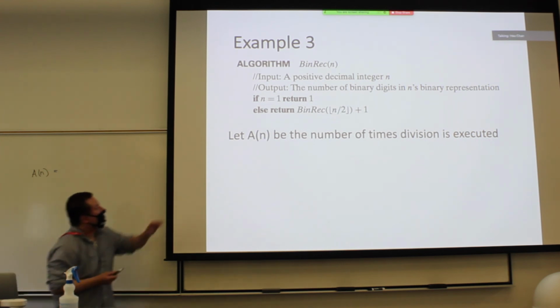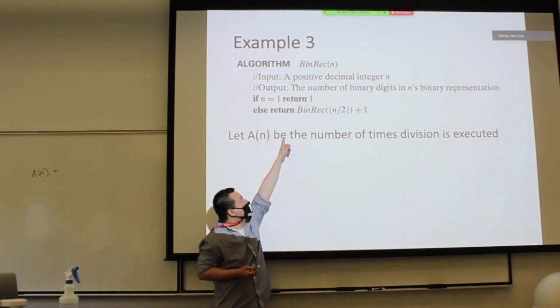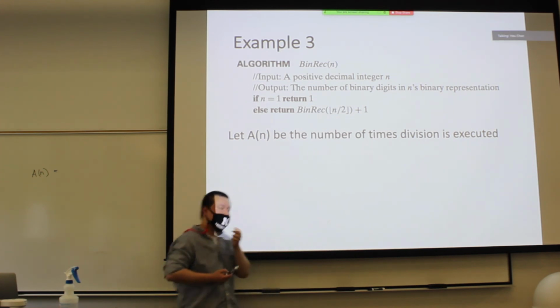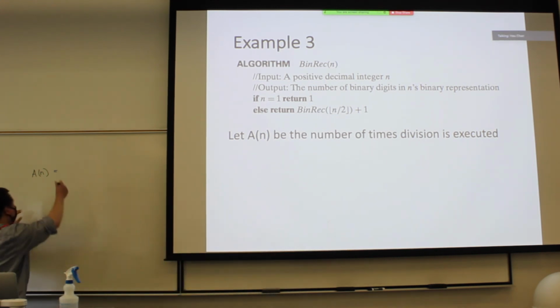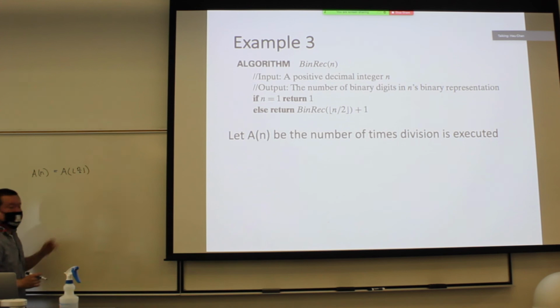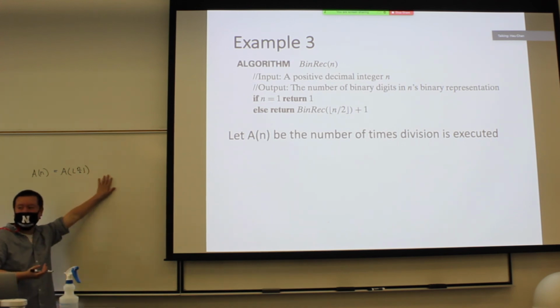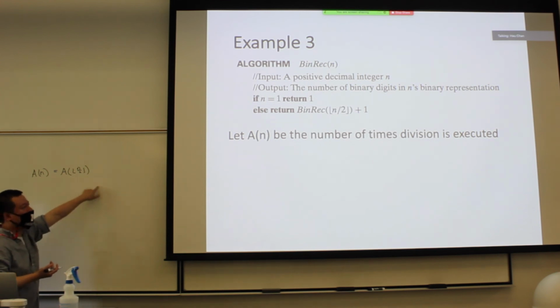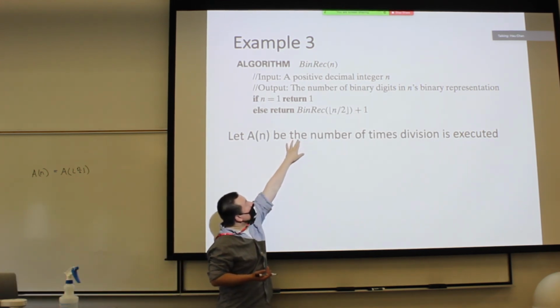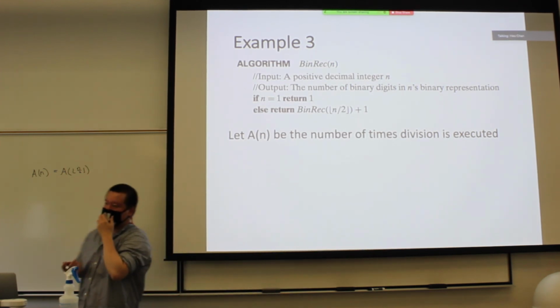So it turns out that this thing inside is halving your problem instance by 2 every time. So your recurrence relation naturally follows a very similar formula, which is this. And the question is, what is the number of operations it's performing after you're halving it? If you're counting the number of divisions, then it's only one.